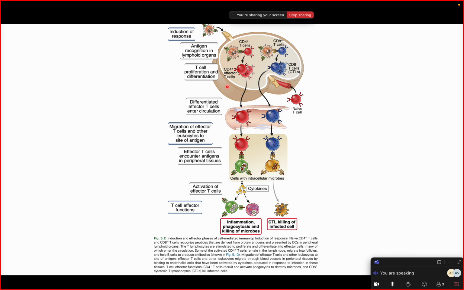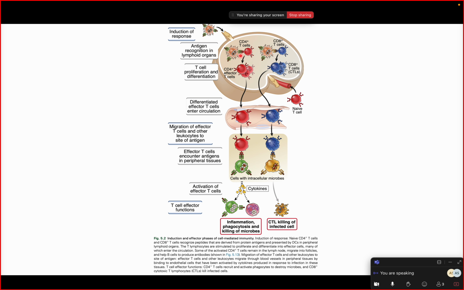Okay, so in the secondary lymphoid organ, there will be B cells, T cells as well, but here the B cells are not responding anymore, because we are talking about an intracellular pathogen. Correct. So here we will talk about CD4 positive T cells and CD8 positive T cells. All of them will be recognizing the cells by their surface receptors.